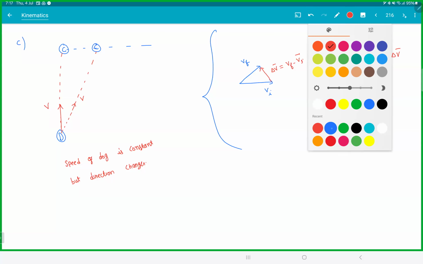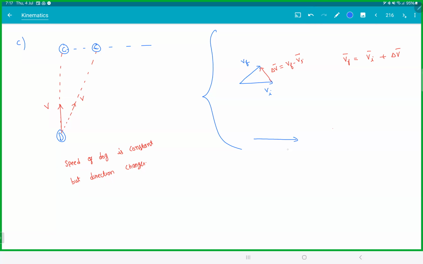That means in this triangle, if this was v and this is also v, the change in velocity will be this hypotenuse. And if you take this angle to be very small, d theta, for a very small time, this line behaves like an arc.